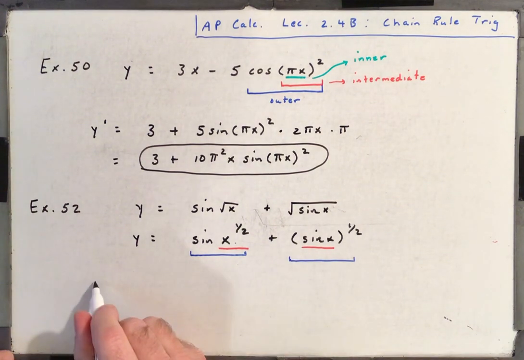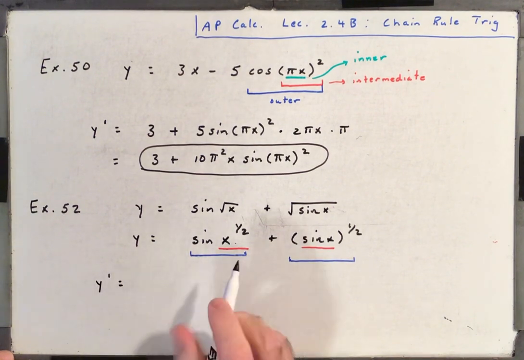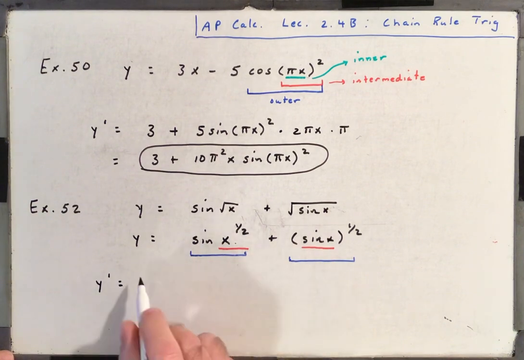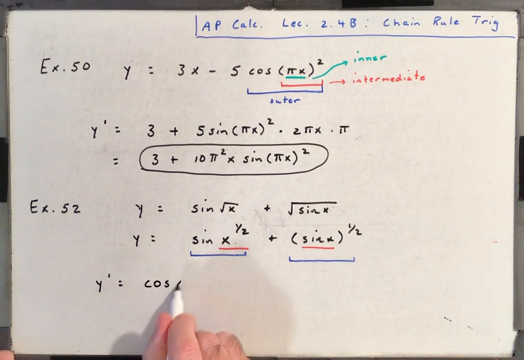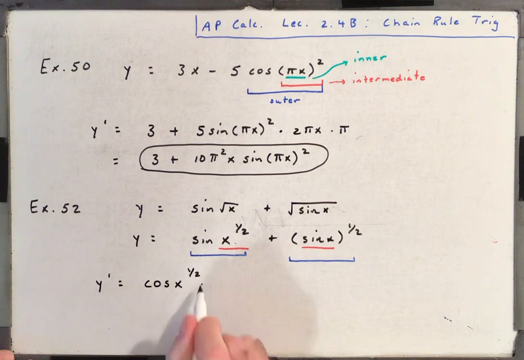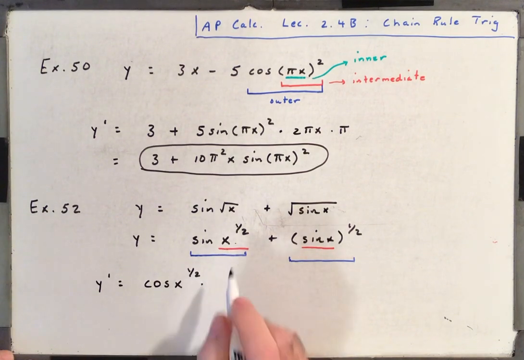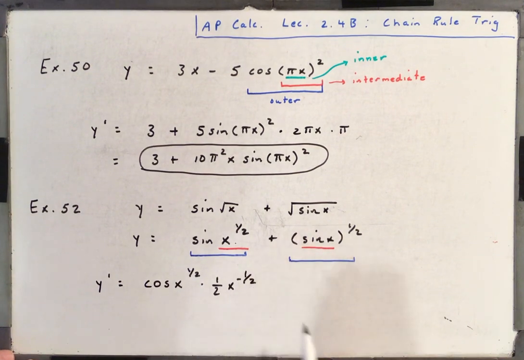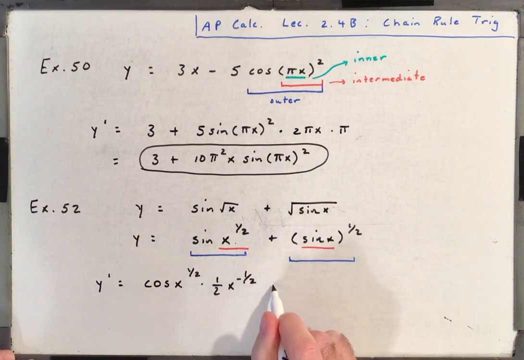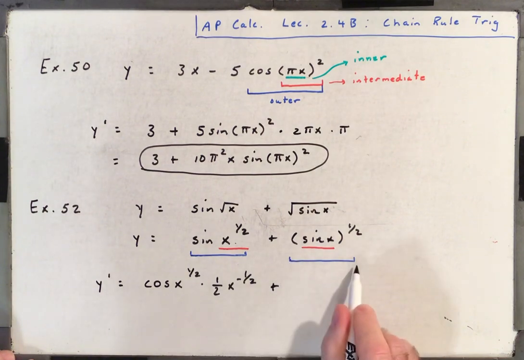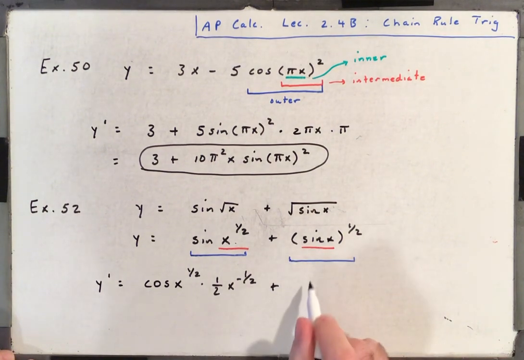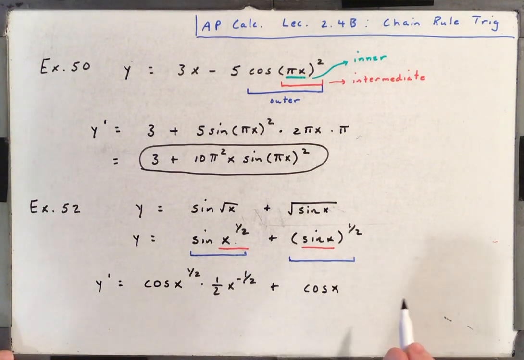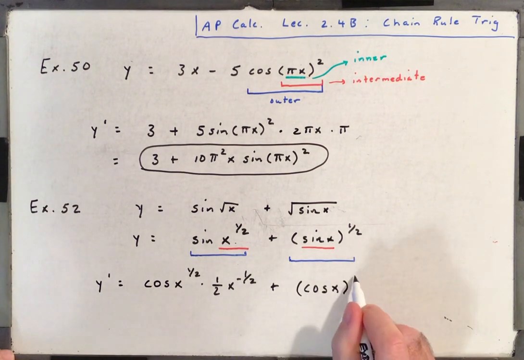So, y prime is equal to the derivative of sine x to the 1/2, the blue. That'd be cosine x to the 1/2 times the derivative of the angle, 1/2 x to the minus 1/2. Plus, okay, the blue part here, that's just going to be the derivative of sine is cosine, so cosine x to the 1/2.